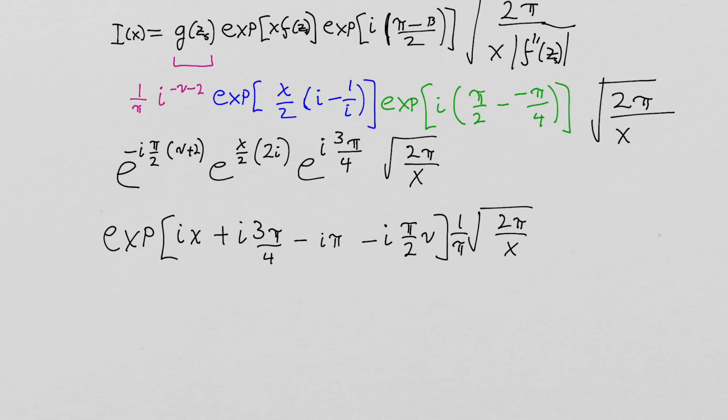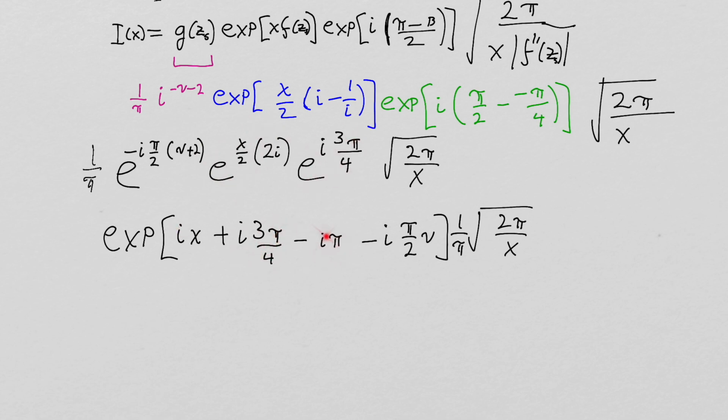Oh, yeah. So here I put the 1 over pi back in. I just dropped it in this one term, and I can't put it back in because I'm undoing other work, so I always end up undoing my 1 over pi. But regardless, there it is. It's back in, and now I'm taking these exponents and adding them all together. We get the ix from here. The 2's cancel. The i 3 pi over 4 is from here.